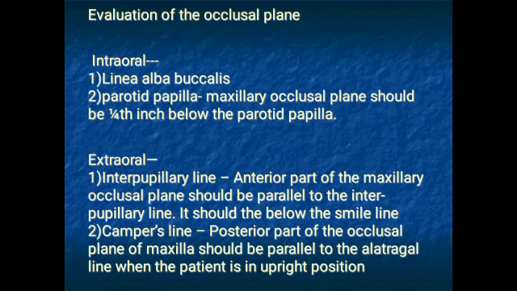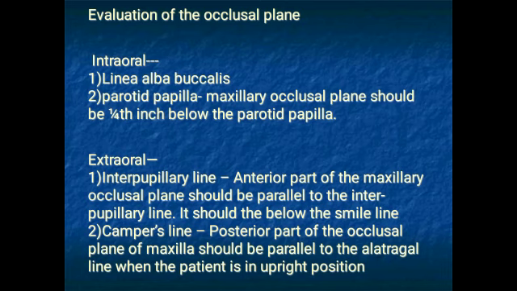Evaluation of occlusal plane intraorally and extraorally. Intraorally, the maxillary occlusal plane should be 1/4 inch below the parotid papilla. Linea alba buccalis. Extraorally, have to check interpupillary line and Camper's line. Interpupillary line: the anterior part of the maxillary occlusal plane should be parallel to the interpupillary line.